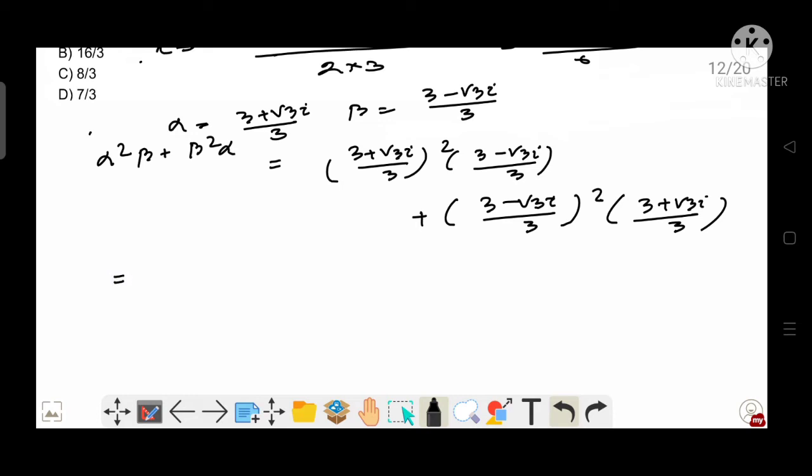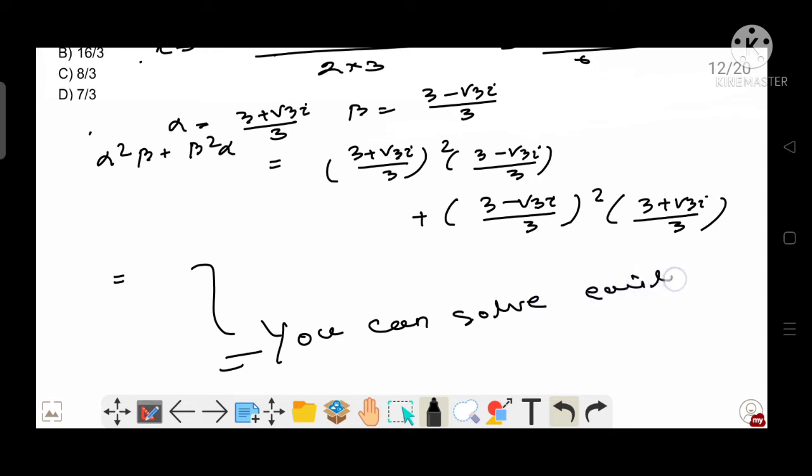On solving this, you can solve easily. The answer should be 4 into 6 by 9, which is equal to 8 by 3. Okay, this is a home task. You have to solve this.